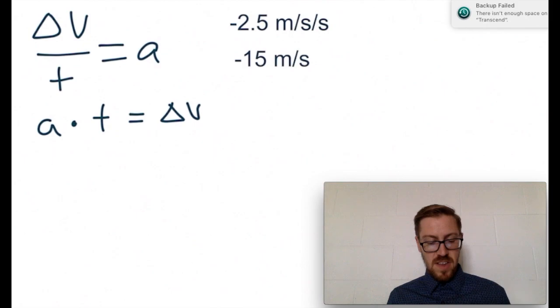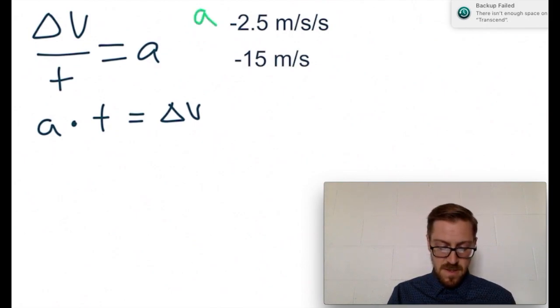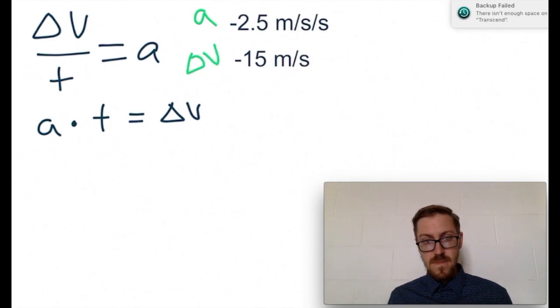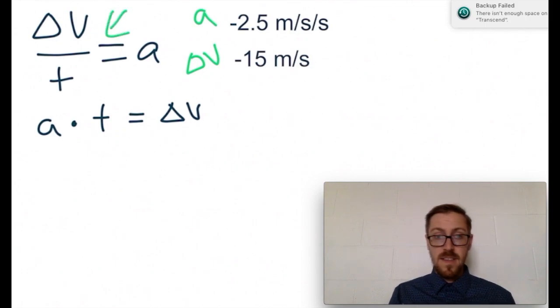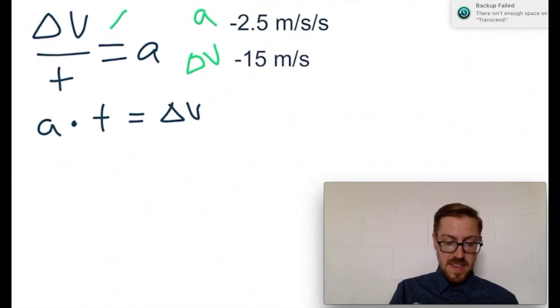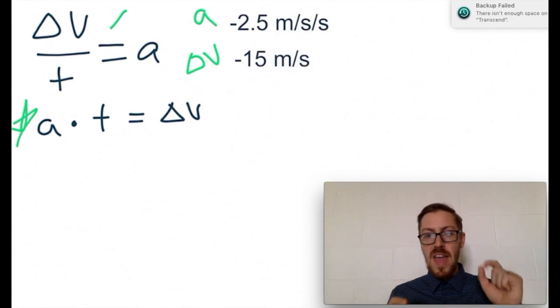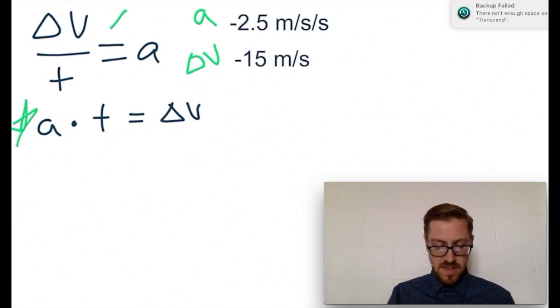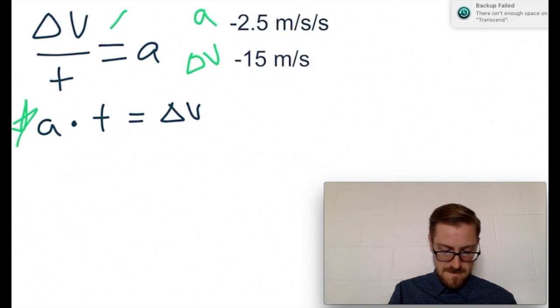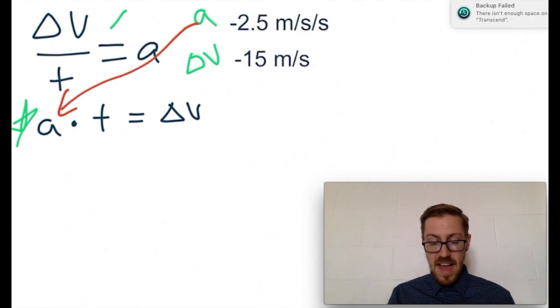Now this one's a little bit trickier because this time I'm looking for time. I have an acceleration. I have a change in velocity. And so I need to use my equations. If I tried to use this one right here, our time would be on the bottom of the fraction. That would get pretty messy. So this one right here will never let you down. That will never be hard to calculate. So I have an acceleration, I put this number right there. I have a change in velocity, put that number right there.